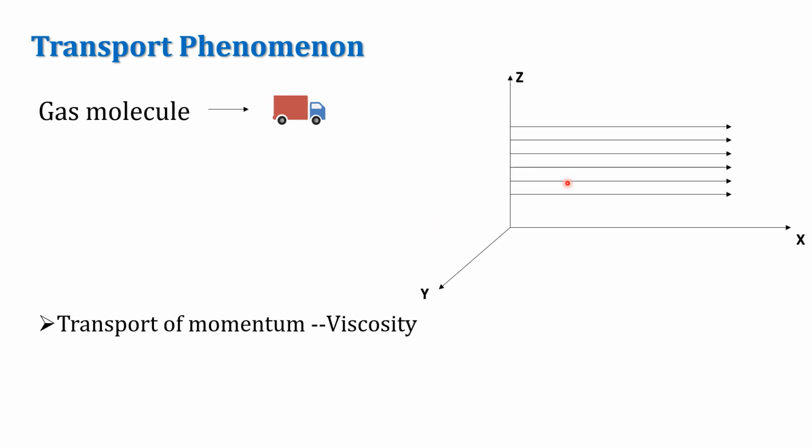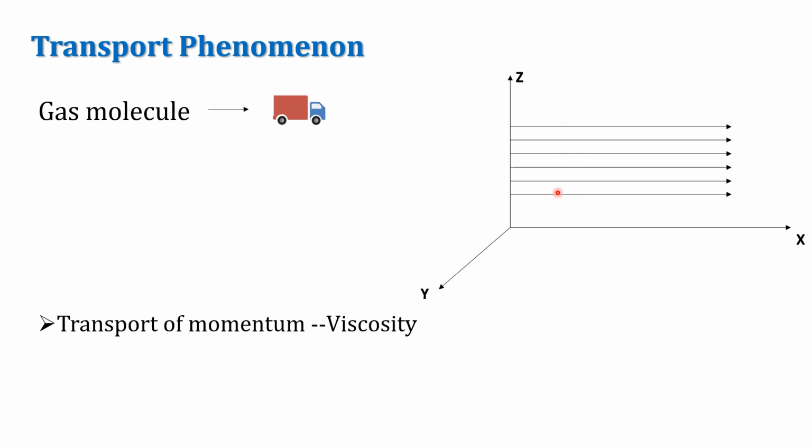Using these different regions of gas, to explain the viscosity phenomena, different parts of gas or different regions of gas may have different velocities. Then there will be relative motion between the different layers of gas with respect to one another.